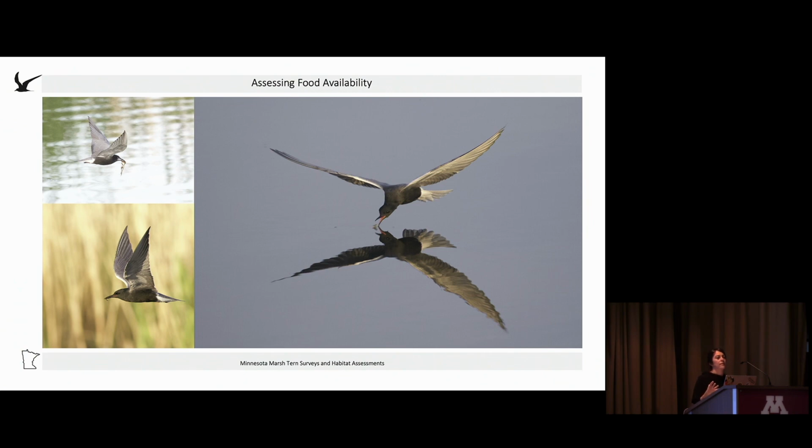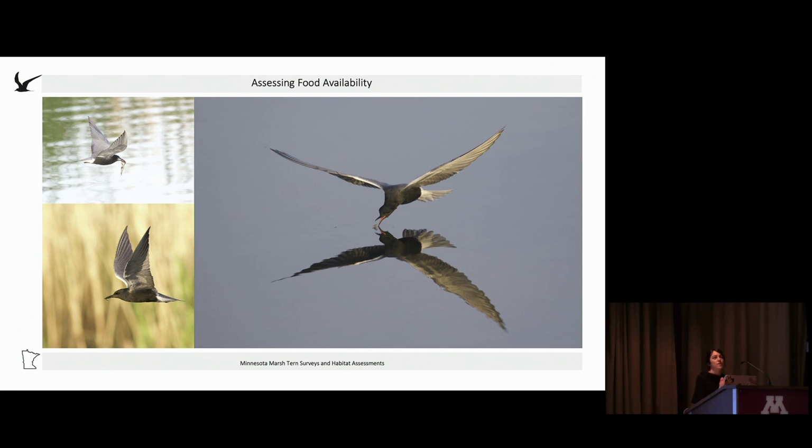Knowing that, it is still really site dependent. If there's a wetland that's surrounded by ag and maybe not a lot of wetlands around it, those birds are probably keying in on what is happening at that wetland versus if you have more options to feed.